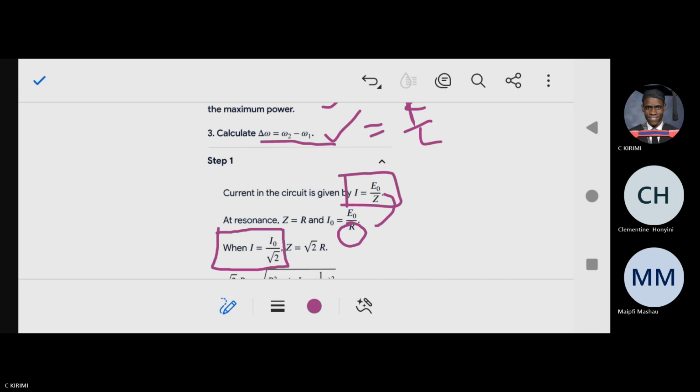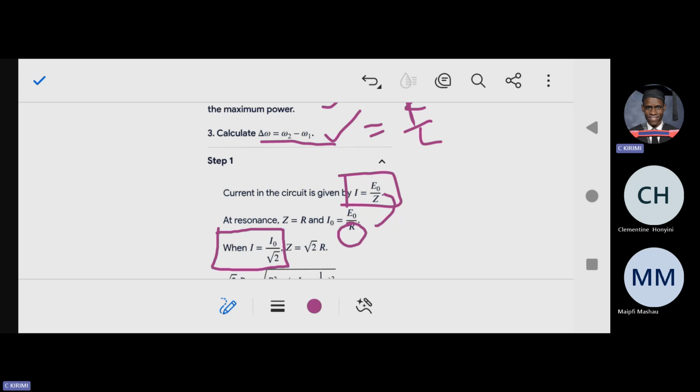Okay. So I is equal to I naught over root of 2, and Z is equal to root of 2R. Z is equal to root of 2R. Are we together? And where is it coming from?